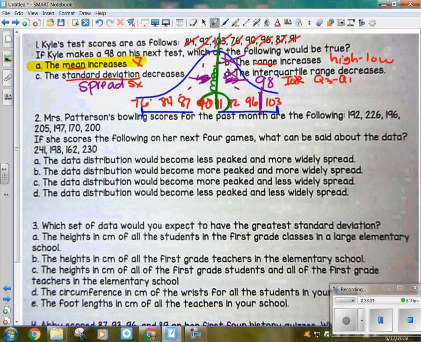Let's try number 2. Mrs. Patterson's bowling scores for the past month are the following: 192, 226. We'll do the same thing again. I'm going to take those scores and just start. The lowest one I think is 170.